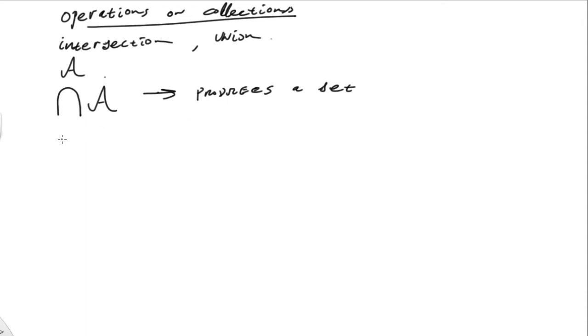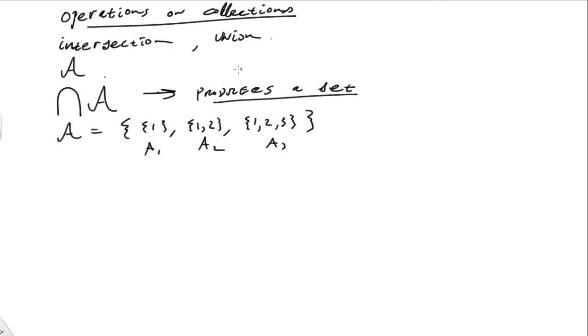All right, so let's go to our example again of A being the collection of sets. This is A1, 1, and A2 was 1, 2, and A3 was 1, 2, 3. So there's my collection of sets. And then, of course, the intersection. So this intersection means intersect all sets in the collection.